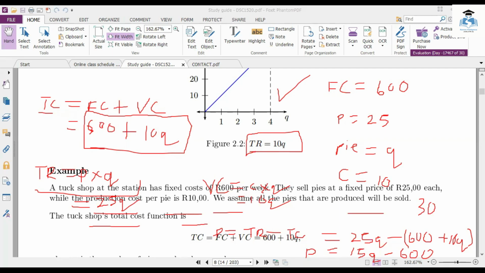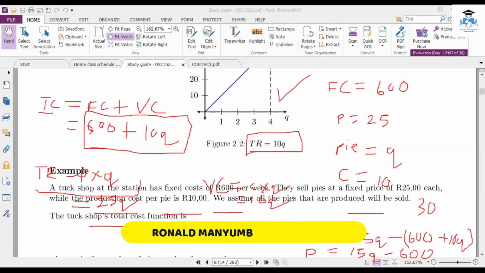Okay, no, it's clear. So that means when they're looking for an actual cost or profit, then your answer must be a value. Yes, if they say, let's say, there are a certain number of products that have been produced, so calculate the profit.